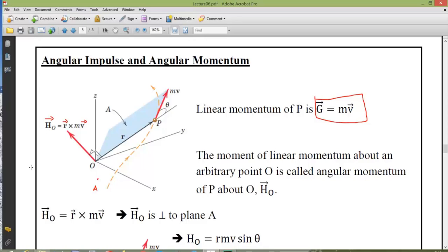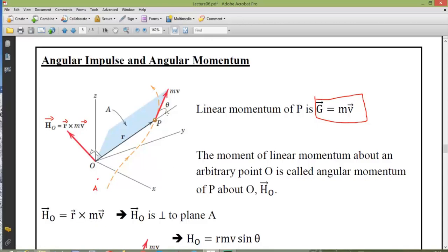So that's why you need to have this subscript to define for which point you're calculating this angular momentum. So angular momentum is calculated by this cross product operation, r cross product the linear momentum.